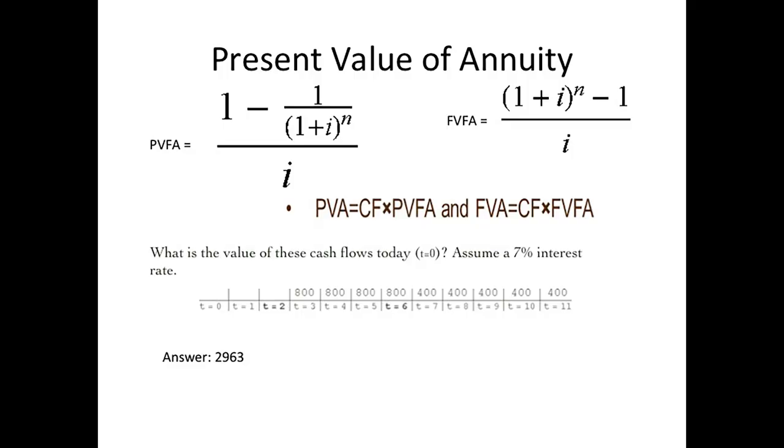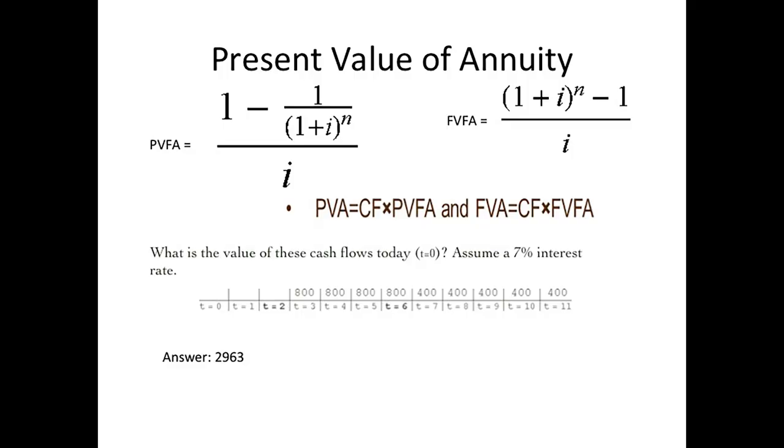That is the first part of the problem. The second part is to take the $400 annuity stream and move it back using the present value of annuity formula, where the cash flow is 400, n equals 5, and i equals 0.07. That equivalent sum is located one period before the start of the $400 annuity stream, which in this case is t equals 6.